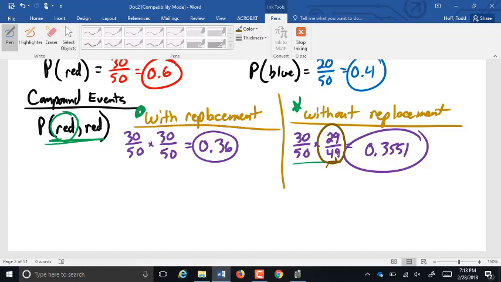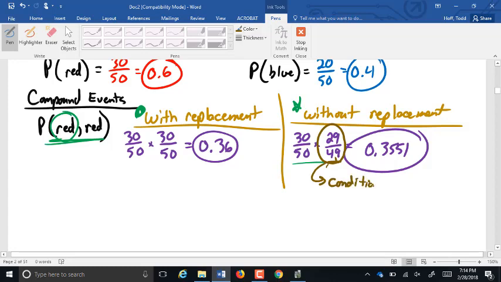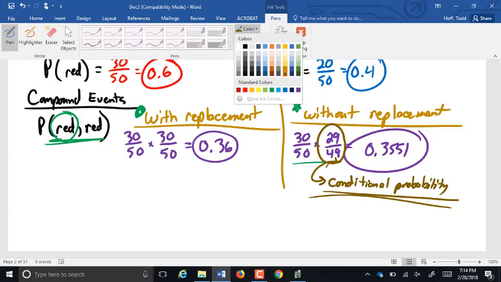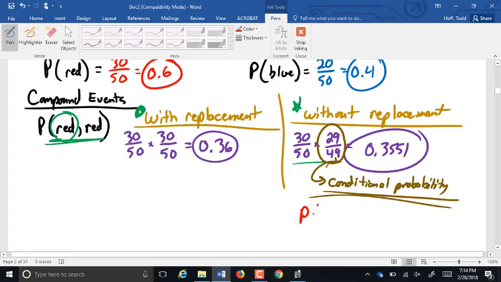This second probability here is what's called a conditional probability. That's the probability of the second one being red, given that the first was already red.